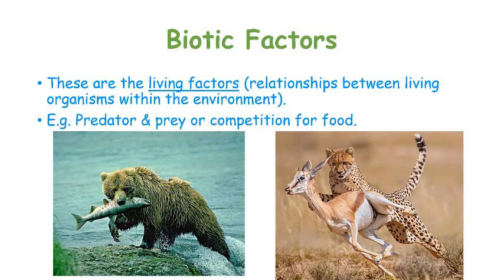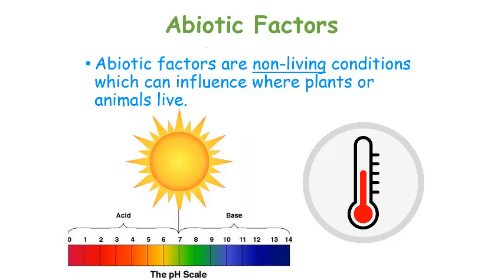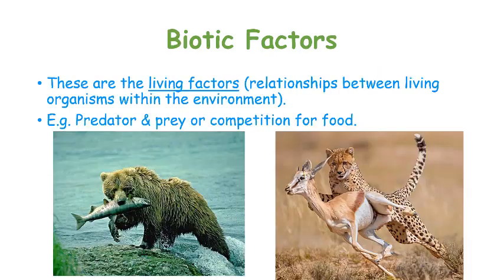Now, the surroundings can also be described as the environment that they're in. It's the factors that act on the organism or the population, and we can divide these into two groups: biotic factors and abiotic factors. So the first one, biotic factors, are living things or living factors. So basically relationships between organisms within the environment.